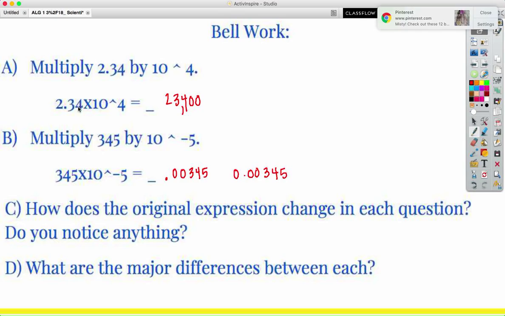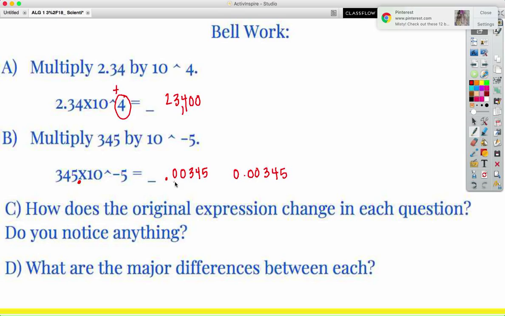Well, if you notice, this one moved 1, 2, 3, 4 to the right, and our exponent was 4, specifically a positive 4. In our second example, we don't see a decimal, but we should know that if I have a whole number, the decimal is understood to be right after 345.